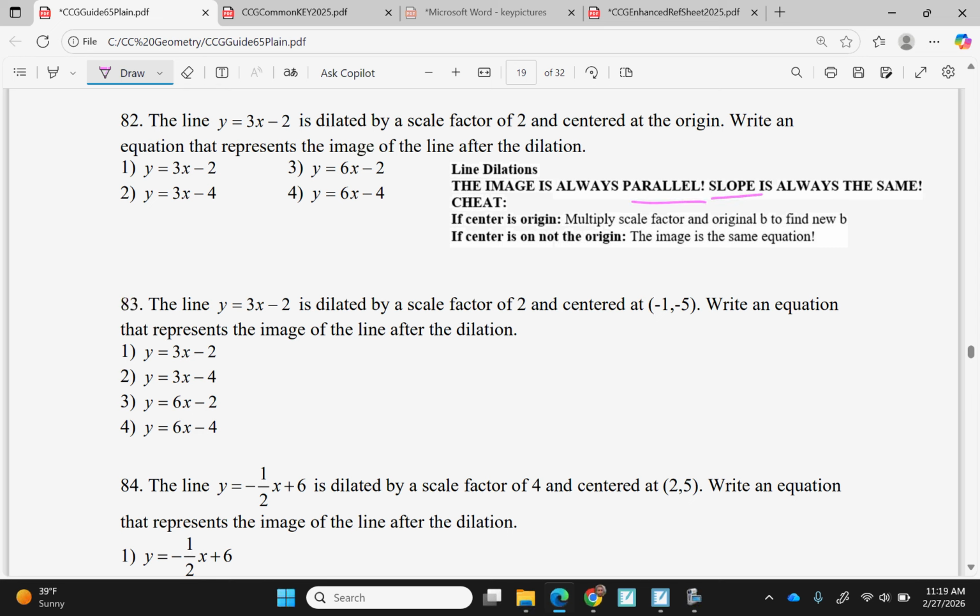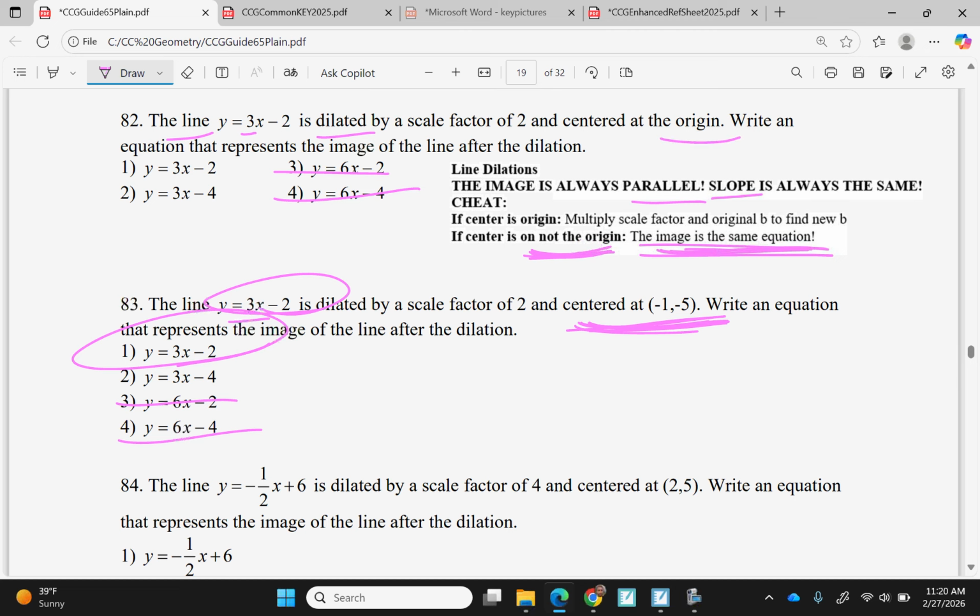No matter what, when I'm dilating a line, the slope is always the same. So the slope is 3, so those are out. The cheat: not origin, same line. If the center of dilation is not the origin, it's the same line.